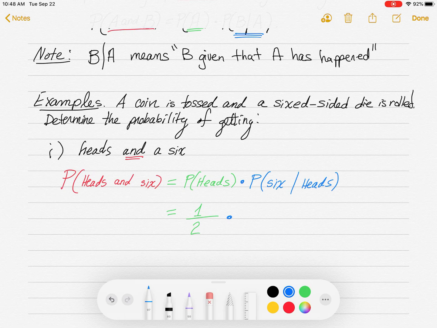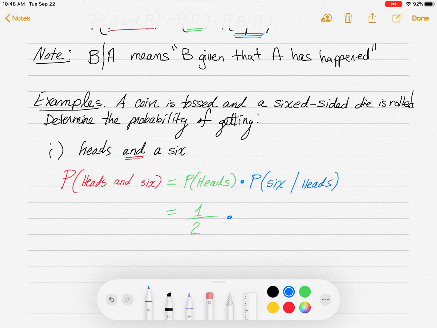So what's the probability of getting a 6 on my die after I already got a heads? Well, getting a heads does not affect what I get on the die, right? My coin toss does not affect the die at all. So we can pretty much disregard the fact that we got heads on the coin toss.